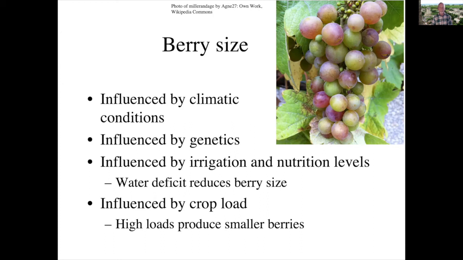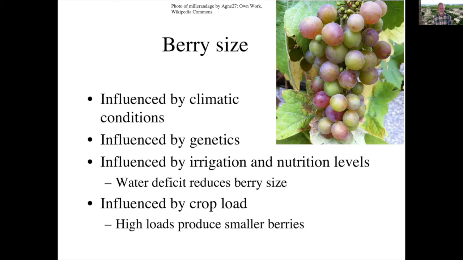So again, berry size is influenced by climatic conditions, but it's also influenced by genetics. Some varieties have larger berries than others. Some clones of the same varieties have larger berries than others. It's also influenced by other environmental conditions, such as the irrigation level.